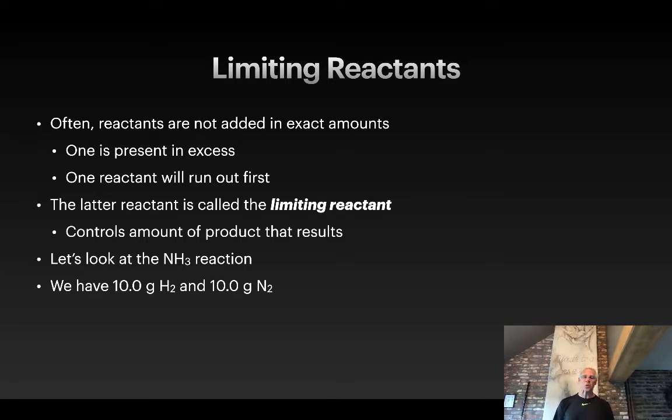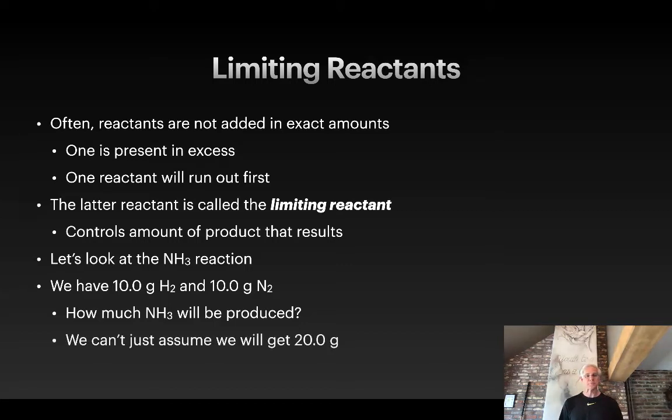They happen in terms of number of molecules or number of moles, because molecules react. Grams don't react. So the number of molecules can be directly related to the number of moles. So we need to look at the number of moles of each of those reactants that are present. Okay, in doing that, we can figure out how much NH3 will be produced.